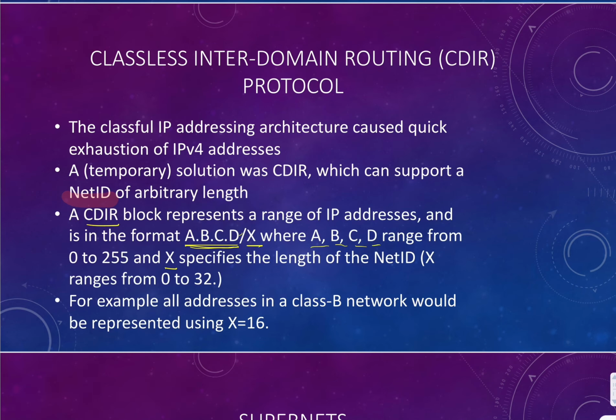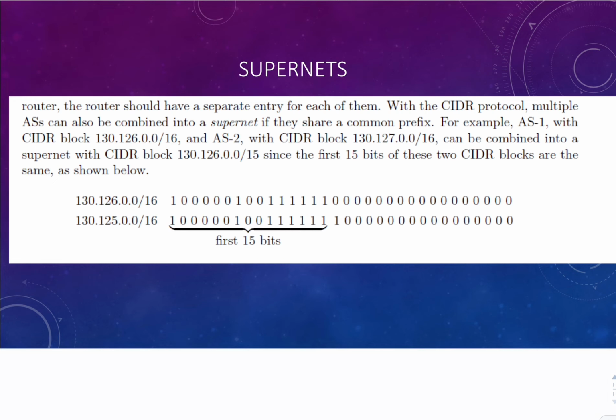Now, for example, all addresses in a Class B network would be represented with a net ID of 16 bits. Now, with the CIDR protocol, multiple ASs can be combined into a supernet if they share a common prefix.